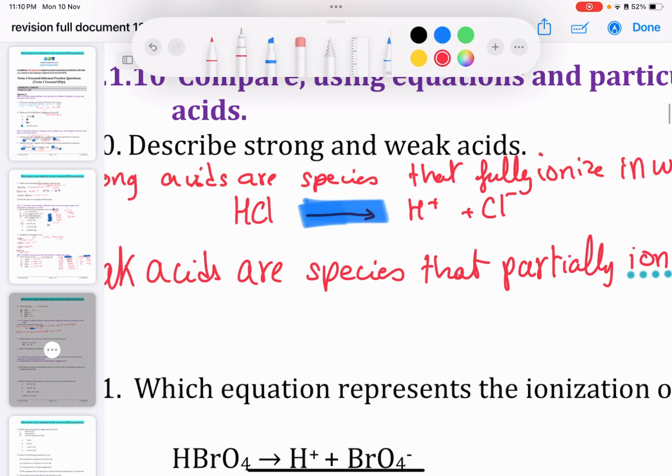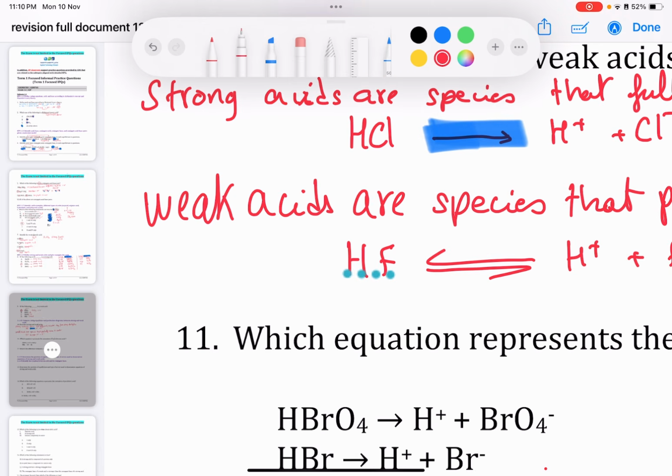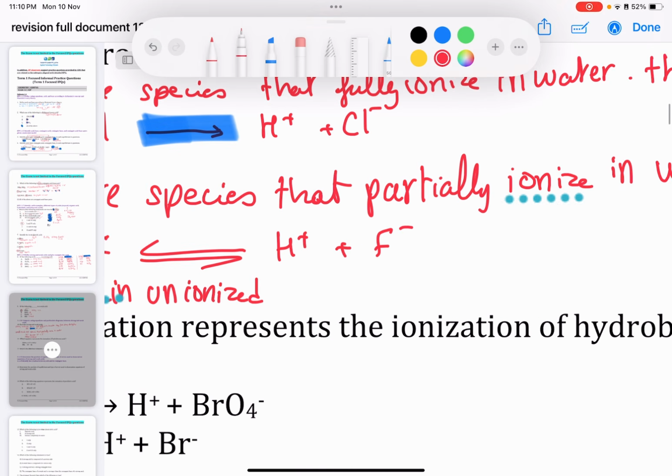So if I have an example, HF, that's the kind of arrow that I am going to use to indicate that HF doesn't completely go to H plus and F minus. The majority of the molecules of the HF remain unionized, and we only get some small quantity of H plus and F minus.